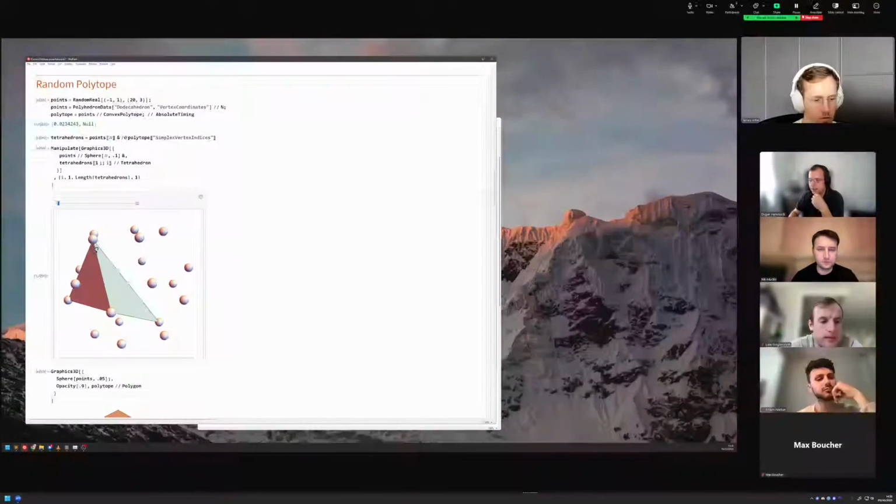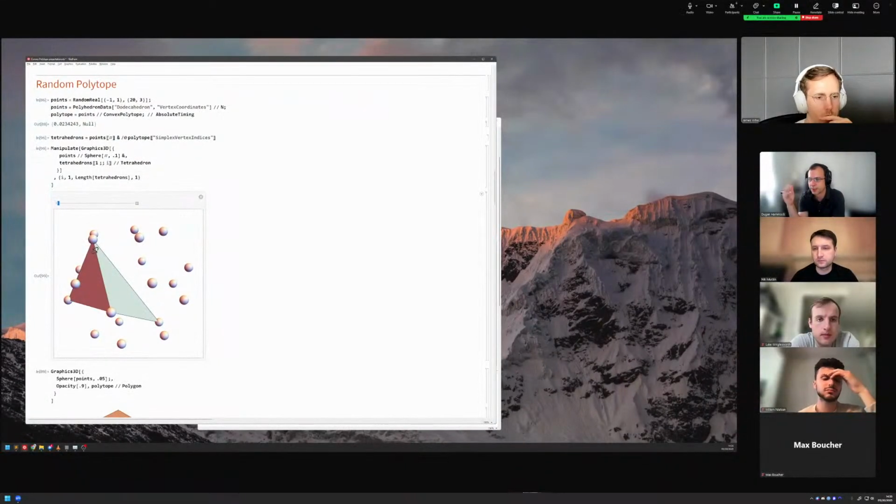So you start with one point and go to a vertex which is maximally away from it, and then you have a line, and then you take the next vertex that's maximally away from that line, and you get a triangle, and then you take a point that's away from that triangle, and you get a tetrahedron.